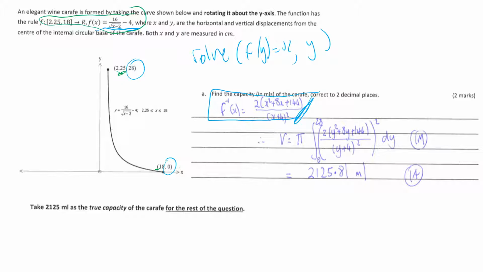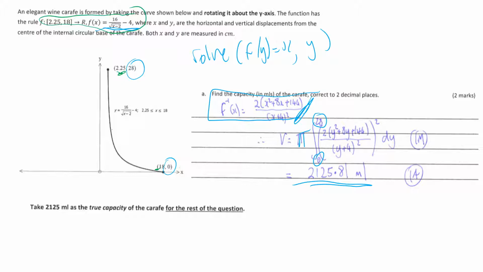Then it's a case of pulling out your rule for the volumes of solid of revolution. Don't forget your pi out the front. Upper bound 28, lower bound 0, taking the rule and squaring it, integrating with respect to y, and you get 2,125.81 mils, correct to 2 decimal places.